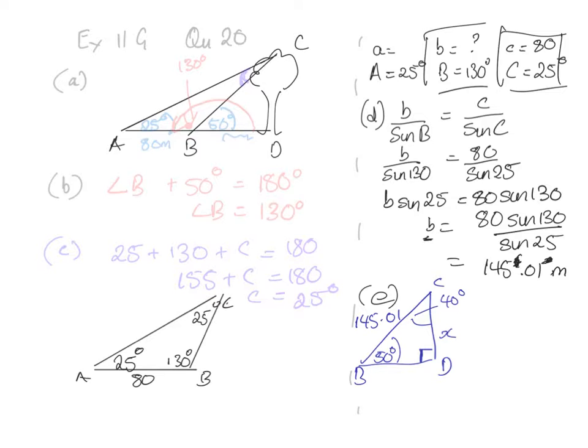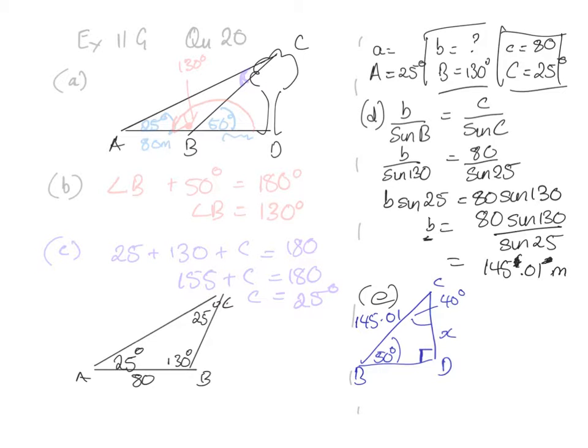Now, because it's a right angle triangle, we can go back to our old rules there, which were sine theta equals opposite over hypotenuse, cos theta equals adjacent over hypotenuse, tan theta equals opposite over adjacent. So what do I have here?